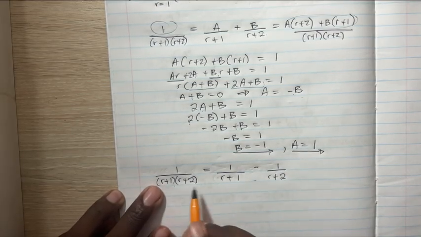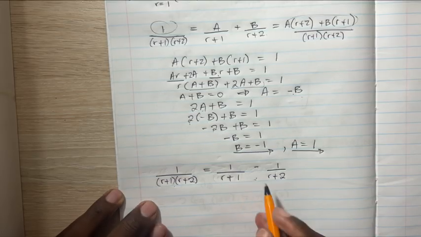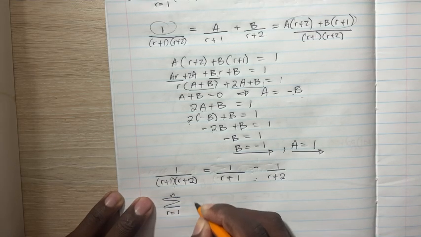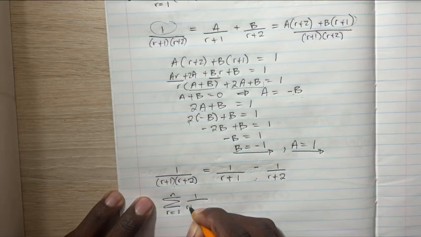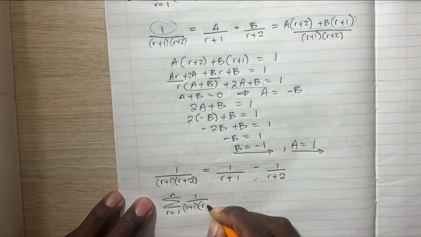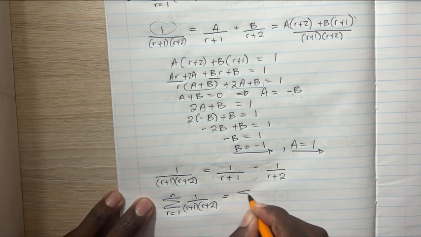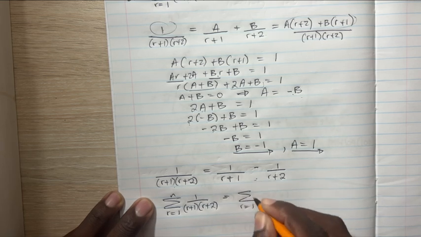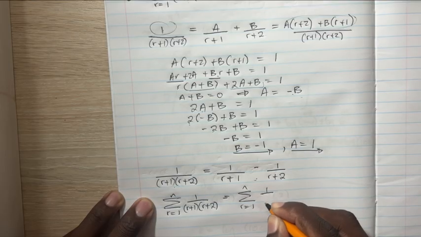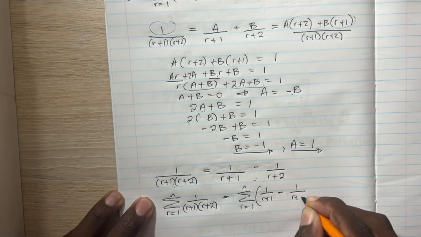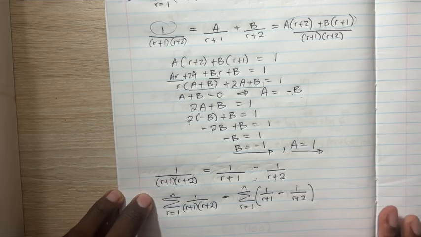If this is the same, that means the sum from r equals 1 up to n of 1 over r plus 1, r plus 2 should be equal to the sum from r equals 1 up to n of 1 over r plus 1 minus 1 over r plus 2. Right? They should be the same.